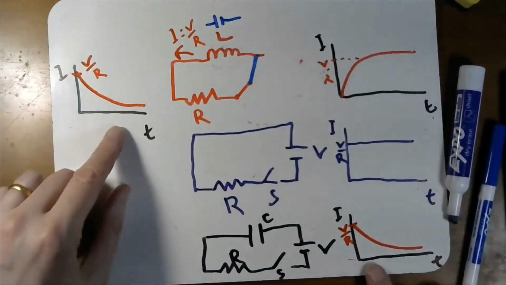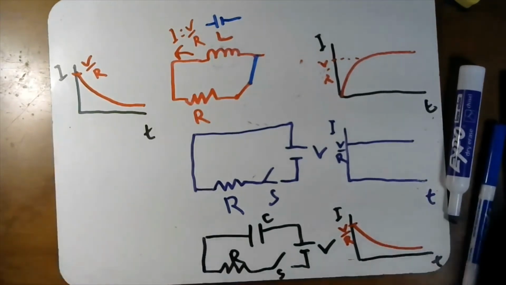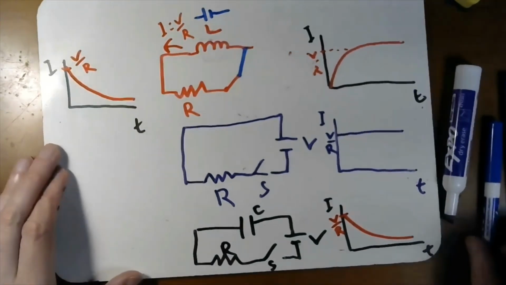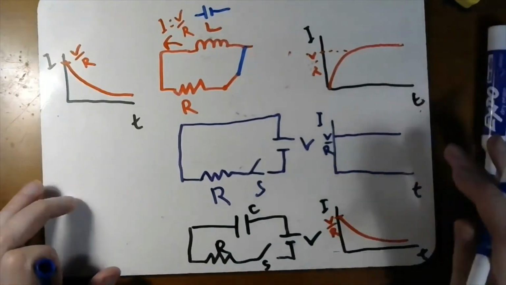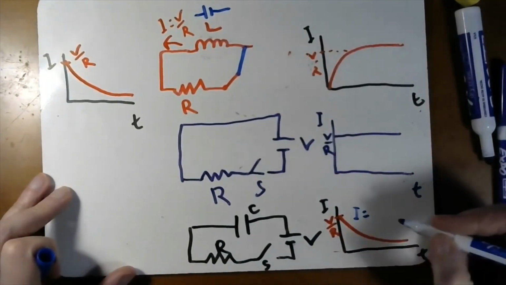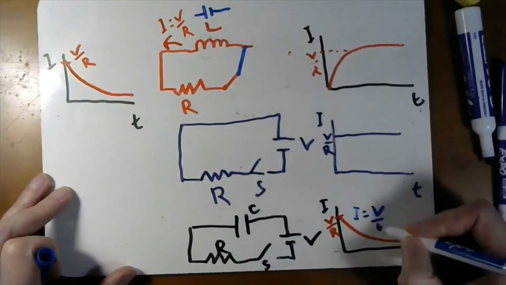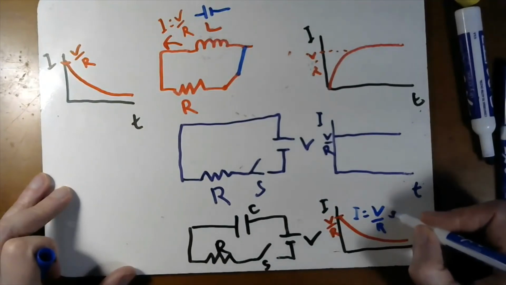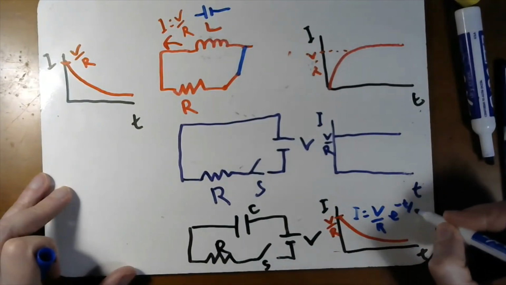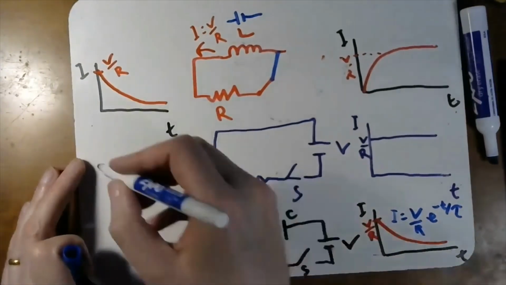Now, this looks very similar to the behavior of the capacitor, doesn't it? You remember what the equation was for the capacitor. The current is I equals the maximum current of V over R times e to the negative t over tau, the time constant. We have the same equation.